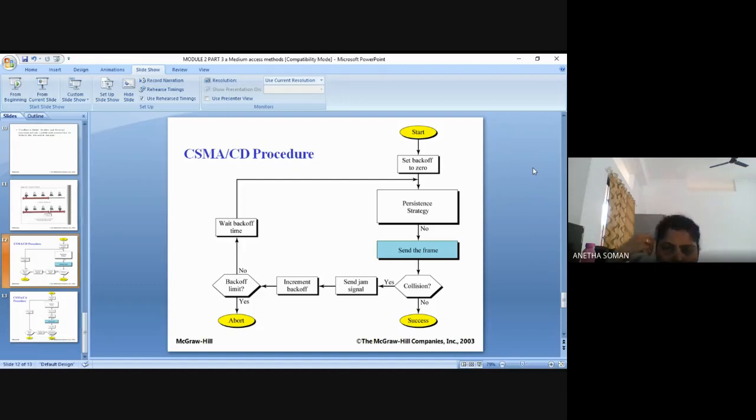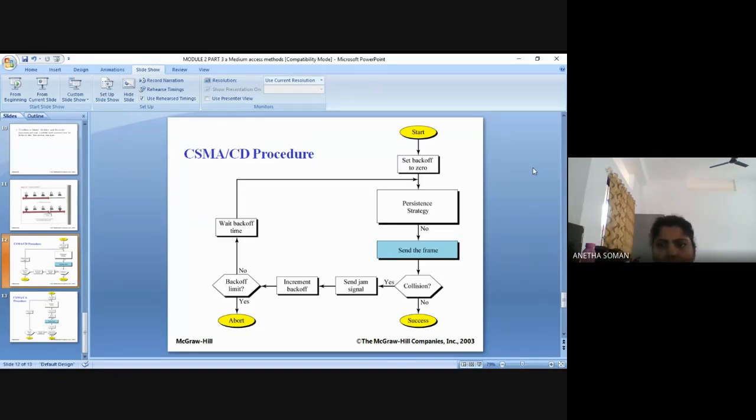Once they send the frame, they will check whether they are getting an acknowledgement from the receiver side. If it was successful, or when it receives an acknowledgement from the receiver, they find that it was a perfect transmission.